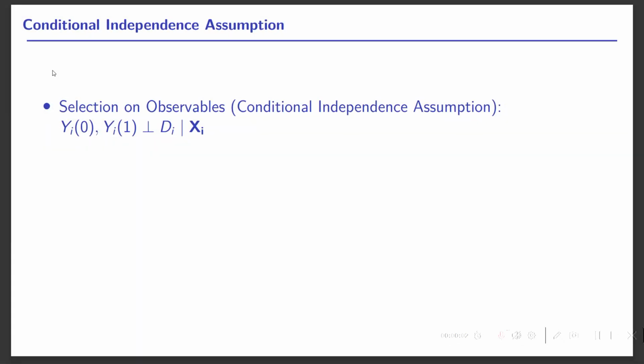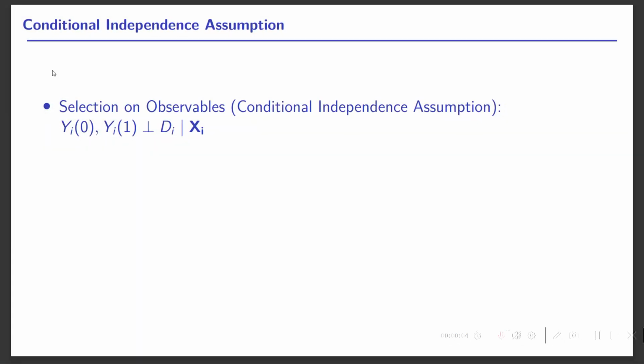That's essentially the intuition behind selection on observables. There is selection going on, but this selection happens only based on the observed characteristics. Naturally, there is also a mathematical formulation for the selection on observables. And here we go.